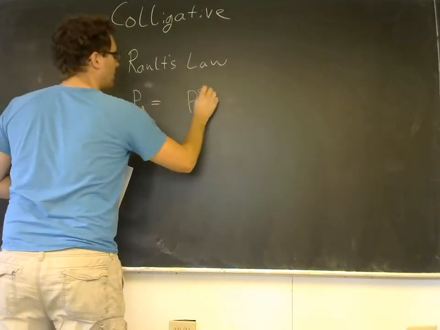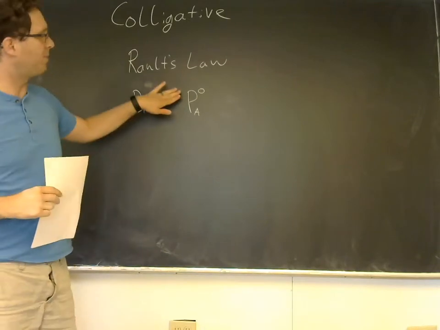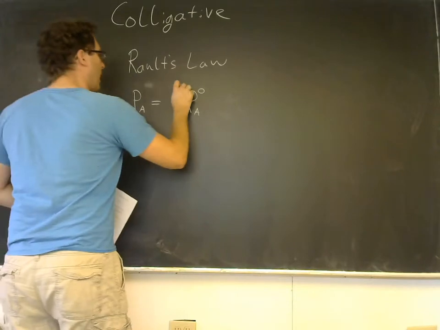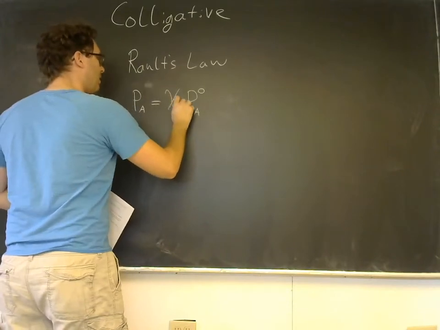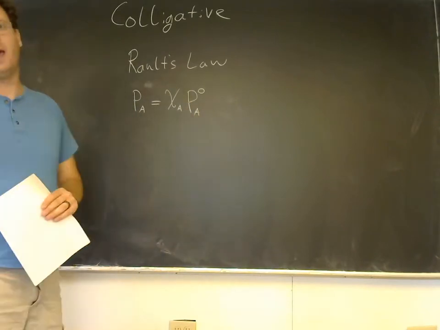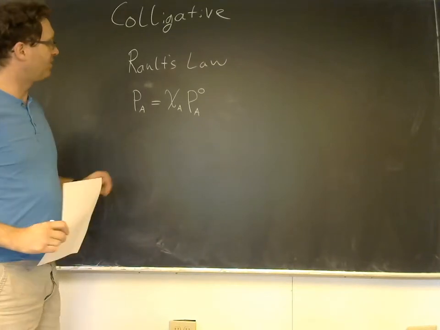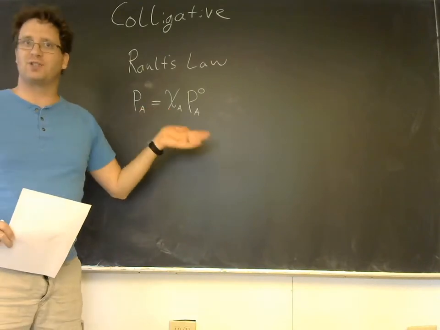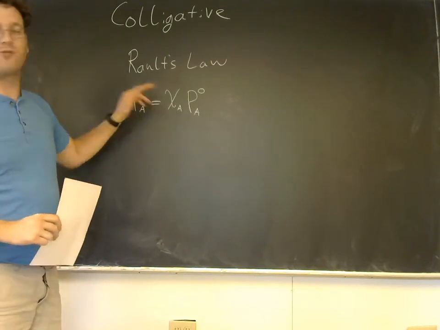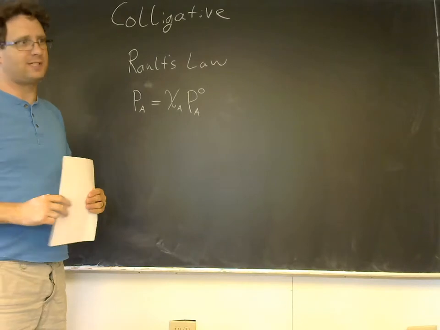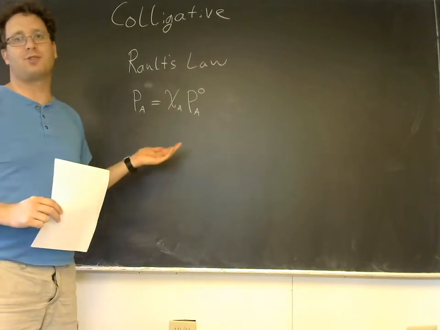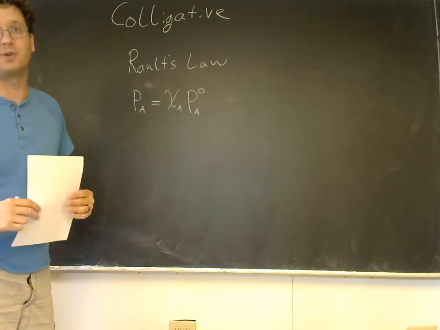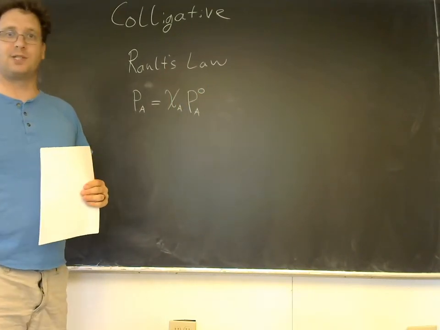So this is the vapor pressure of the pure substance, if there's nothing dissolved in it. And we'll multiply that by the mole fraction of A. So if you've added some solutes, then you'll have a mole fraction of the solutes, and you'll also have a mole fraction of the solvent. So if 75% of the particles are solvent particles, then the observed pressure will end up being only 75% of the pure substance's vapor pressure.